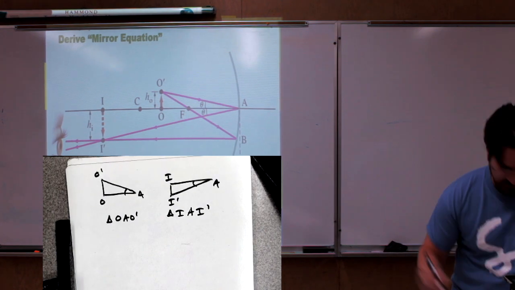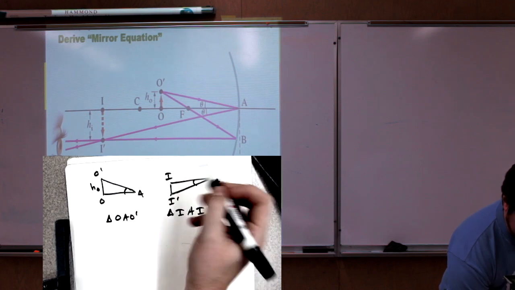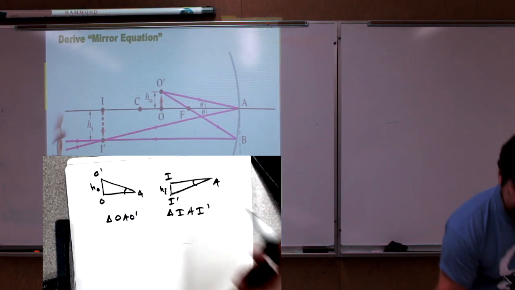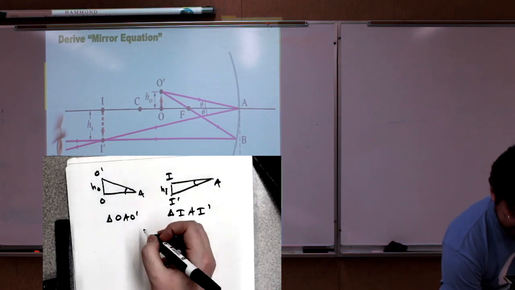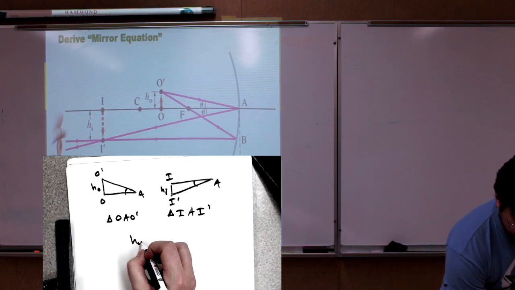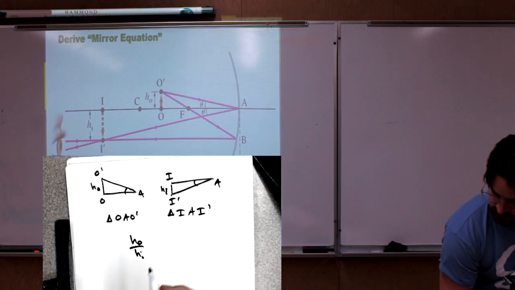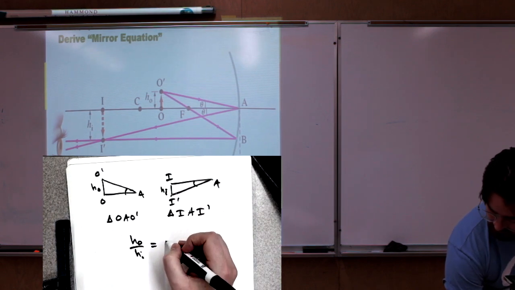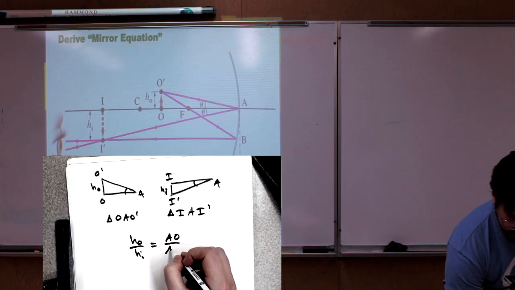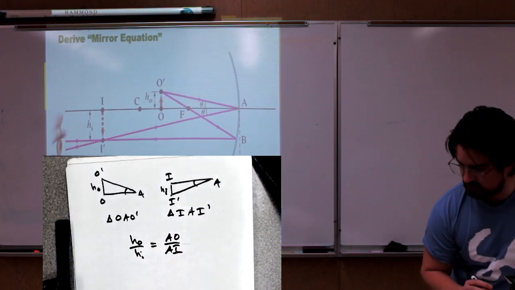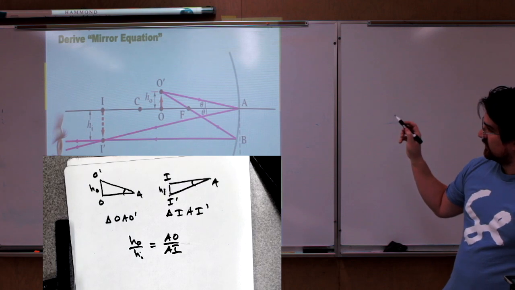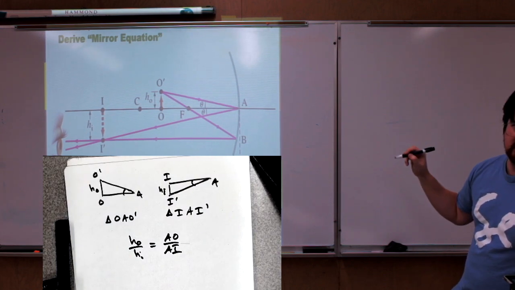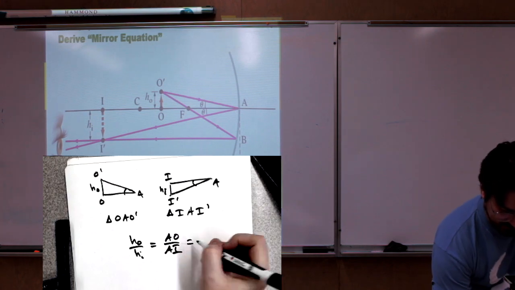Namely, O1, the height of that, is the height of the object. For I1, the height of that is the height of the image. So the height of the object or the height of the image, we can write as a ratio to the two other sides here, AO and AI, which happen to be the distance to the object and the distance to the image.